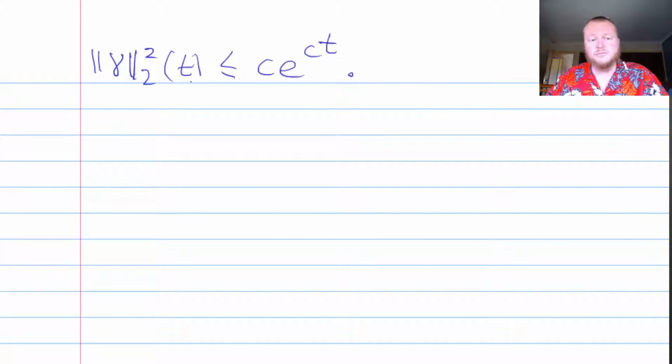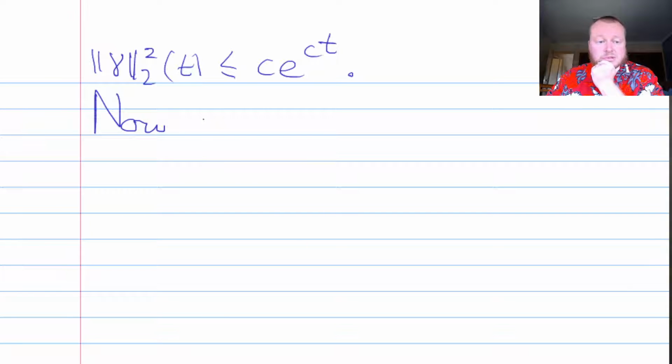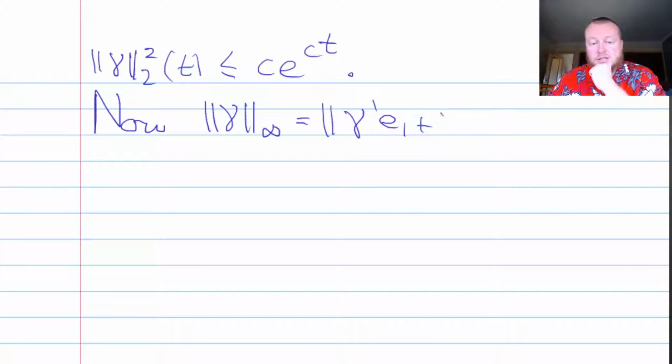Okay, so we've got this. Now, to go from this to the L infinity form, we just do some decomposition. So we've got our goal, which is the supremum of the position vector. And now we just break this down into its coordinate functions. So you can think of these as x and y coordinates. I just call it first coordinate, second coordinate, because as long as you're using, say, an orthonormal frame, it's all good.